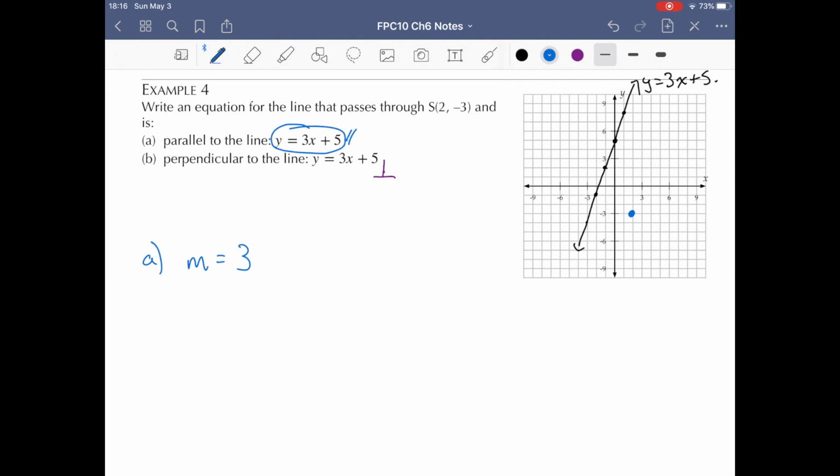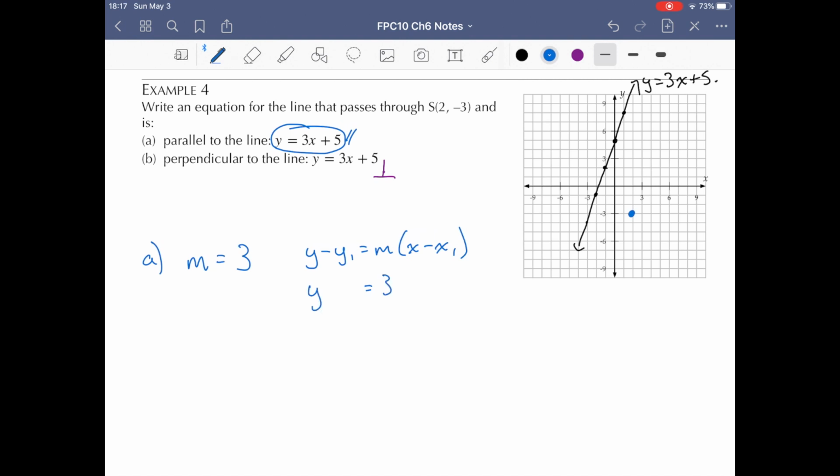So what is the equation for this? Well, we use our formula. Y minus y1 equals m times x minus x1. So we know our slope is 3 because it's parallel to this black line.